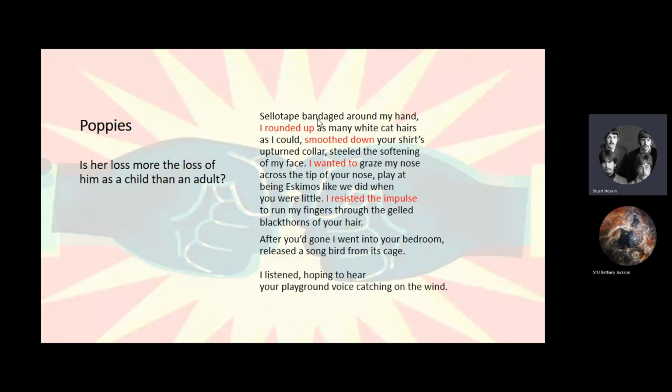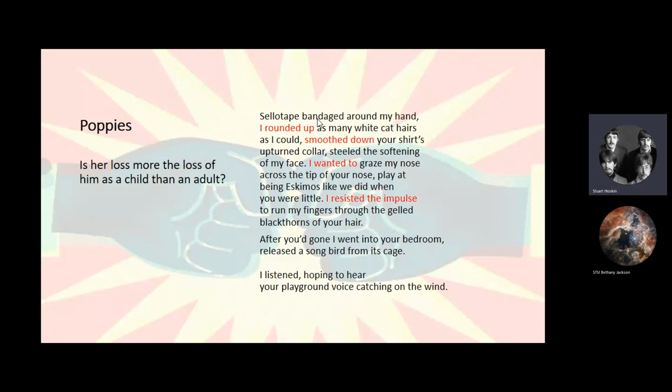And therefore, we have the argument, which can come across this, is her loss, poem about loss as we know, did her loss happen a long time ago? Yeah, she loses him from this world. Yeah, she loses him from her house when she walks out that door. But is the biggest loss the loss of him as a child?